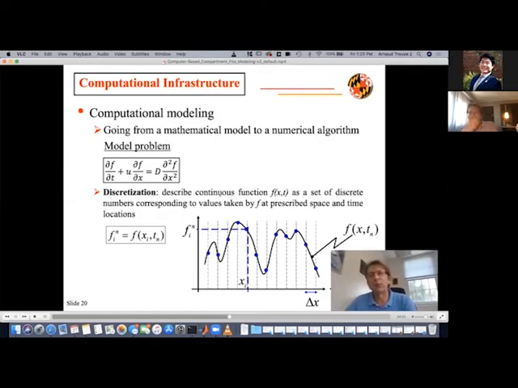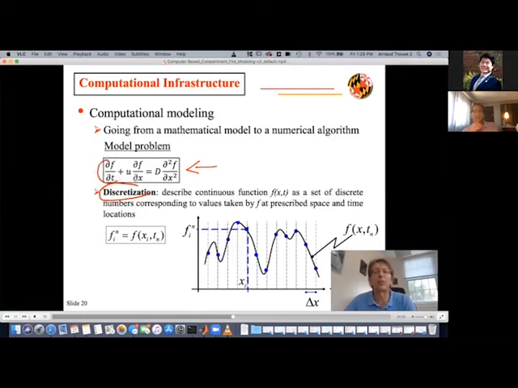This process of going to the computer requires the development of a numerical model, a numerical algorithm, and requires discretization. Computers don't work with mathematical objects like a continuous function f. Here I'm going to discuss the problem of developing a numerical algorithm in the context of a representative equation for an unknown quantity f that depends both on time and space.